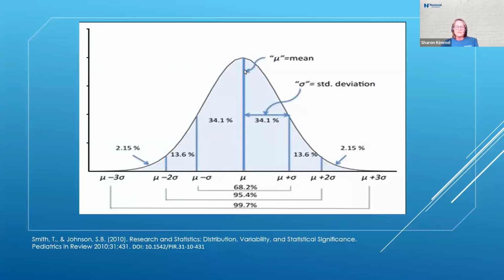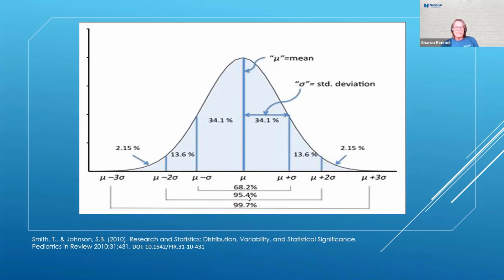And you'll notice that on either side of the mean, there is a mirror image. So 34.1% and 34.1% equals 68.2%. These are independent learner values below the mean and those above the mean.